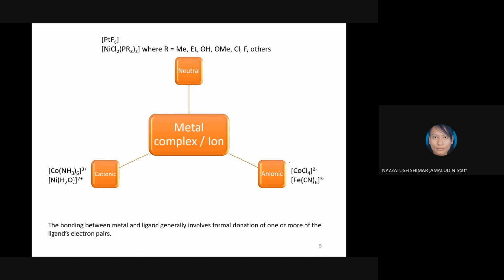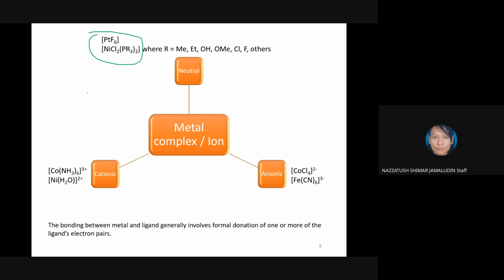To form a bond, there must be donation of electrons from the ligand to the metal. A neutral coordination compound will have no charge, like what you see here. Metal complexes, coordination compounds, are always written in a bracket.